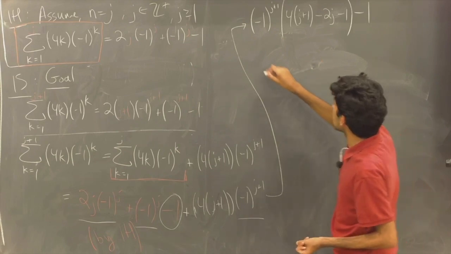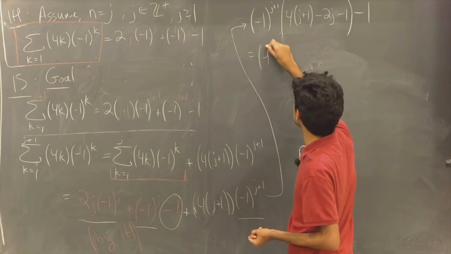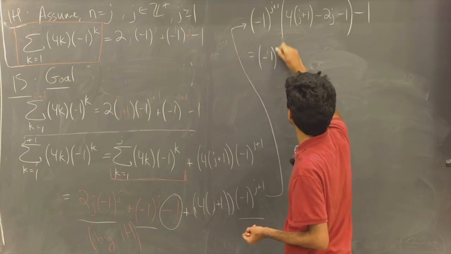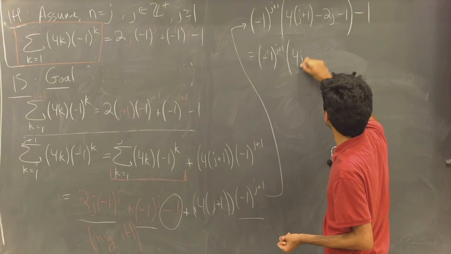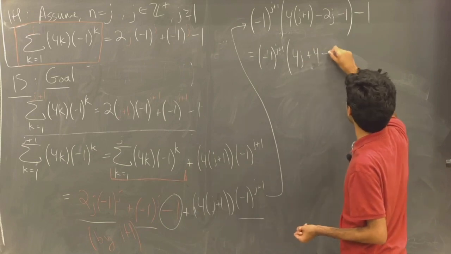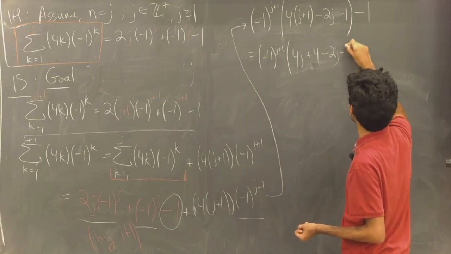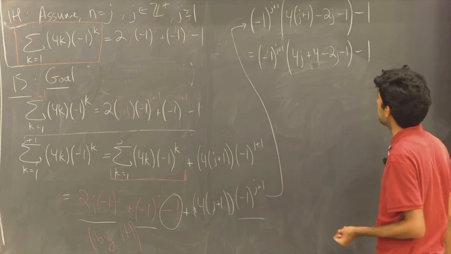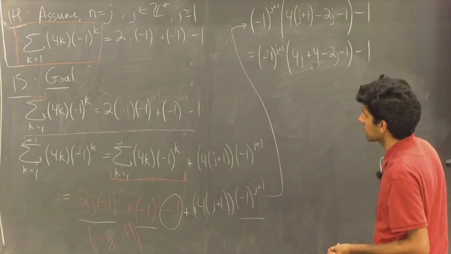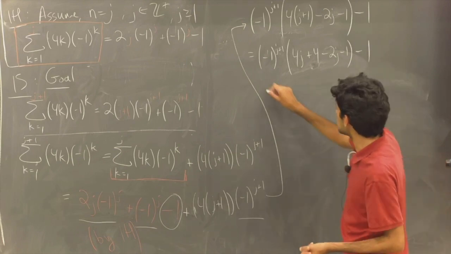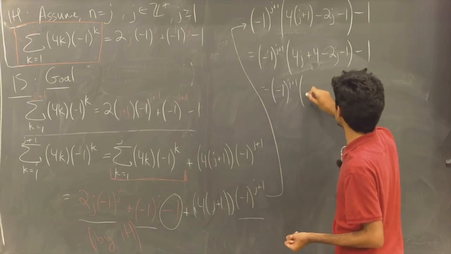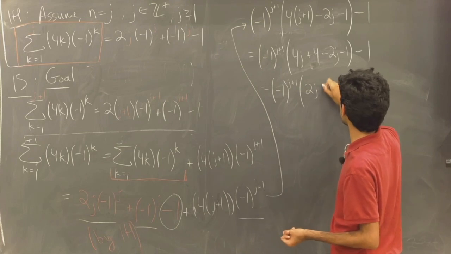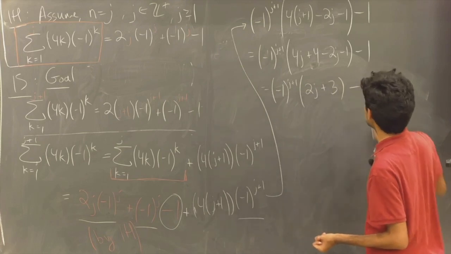Let's simplify inside of the parentheses. This is 4j plus 4 minus 2j minus 1, all minus 1. This is equal to 2j plus 3 minus 1.